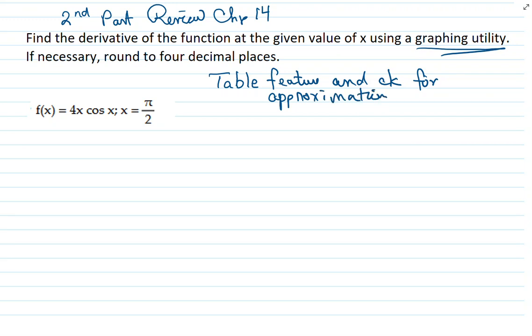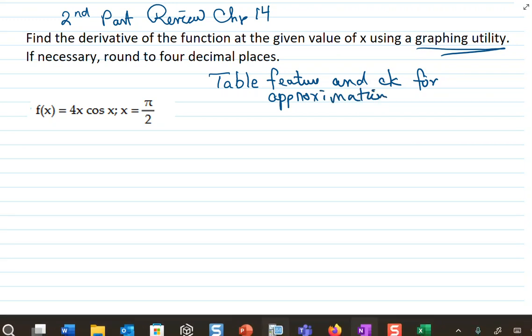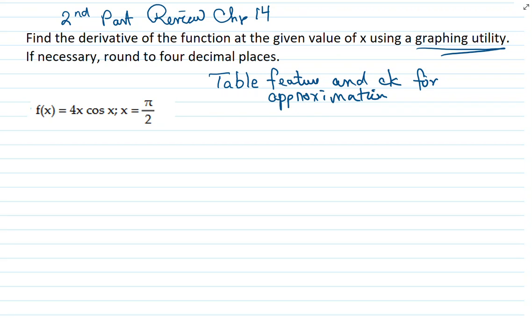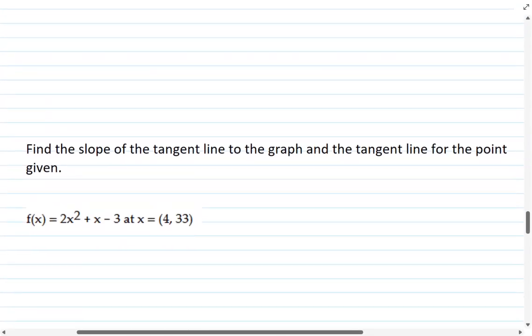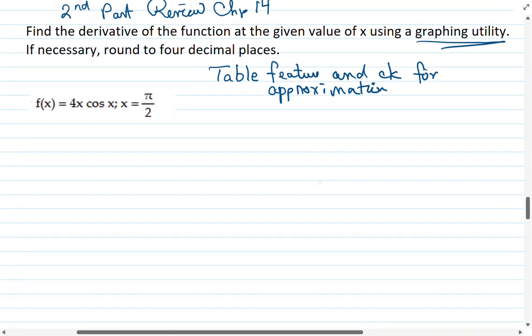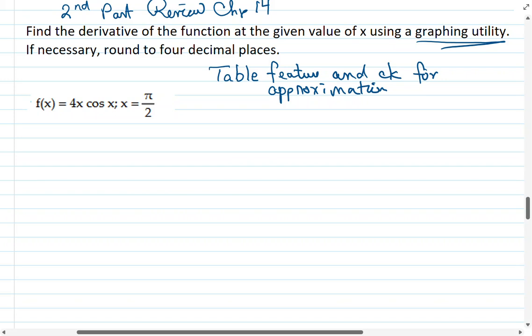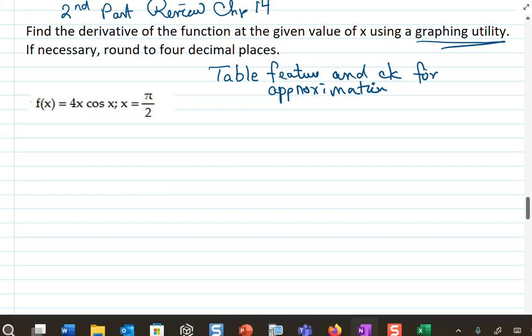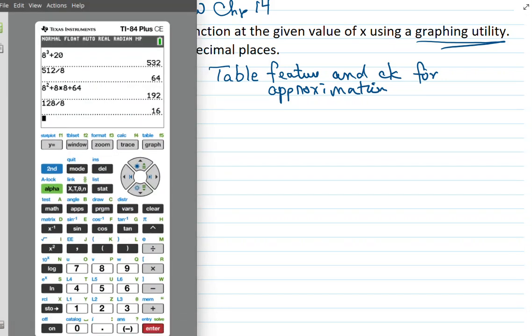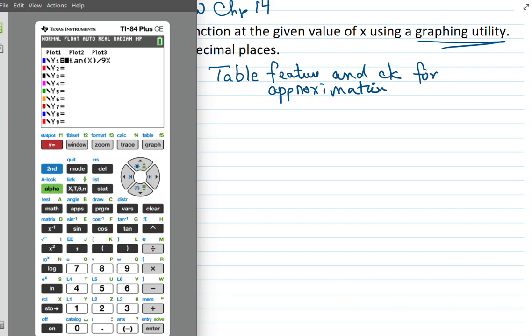All right, so we're going to go to our calculator. Oops, sorry. There we go. Oh, did it too fast, didn't I? There we go. I'm going to clear all of my screen. I'm going to go to y equals and clear that.